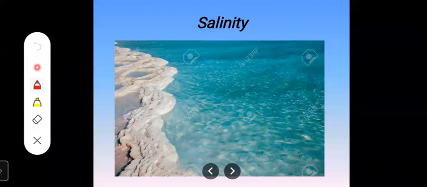And normally this is usually measured in... Salinity of the seawater is being measured by the gram, in 1 kg.